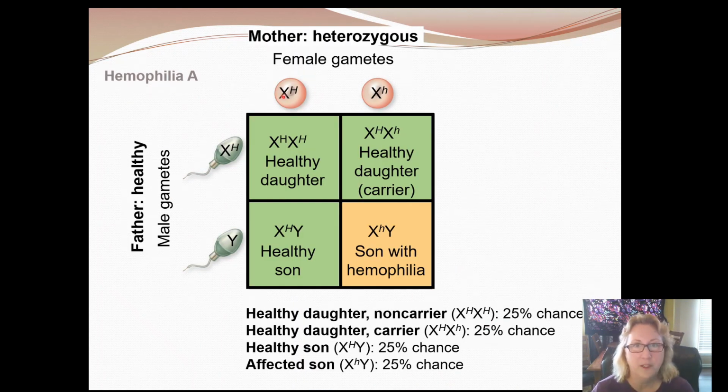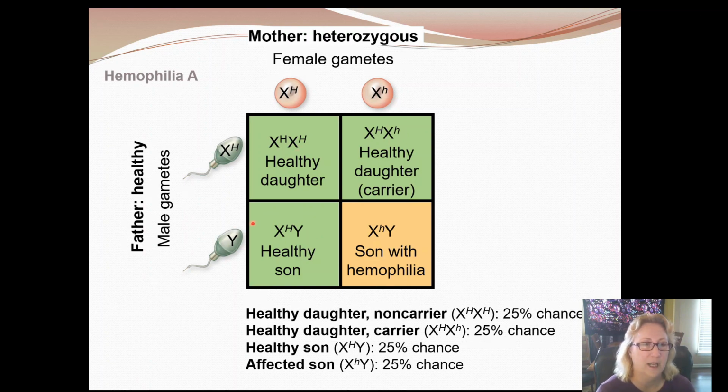So here's what we would get with a Punnett square for one of these. For hemophilia A, mom is a carrier, so the capital H here represents the normal clotting factor 8. The lowercase h represents the defective allele for factor 8. If you have half the normal amount of factor 8, that's perfectly fine.